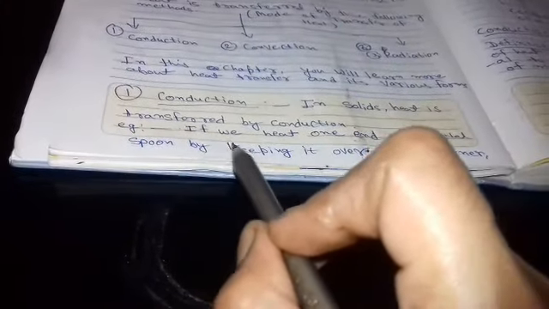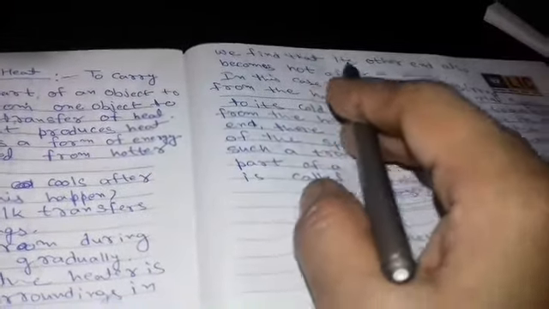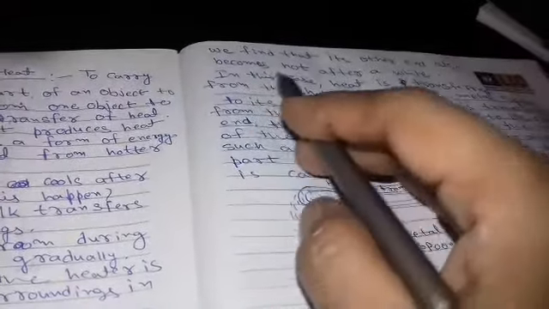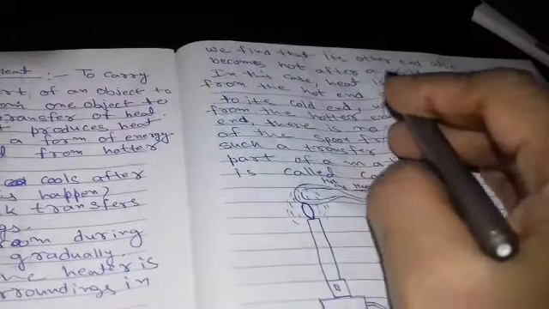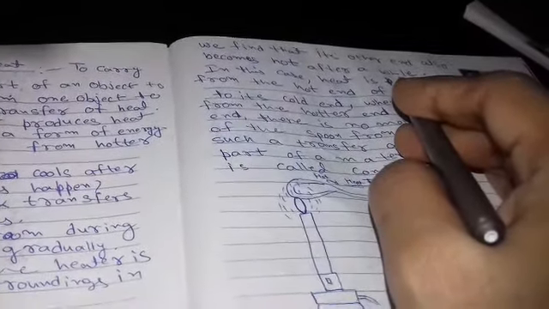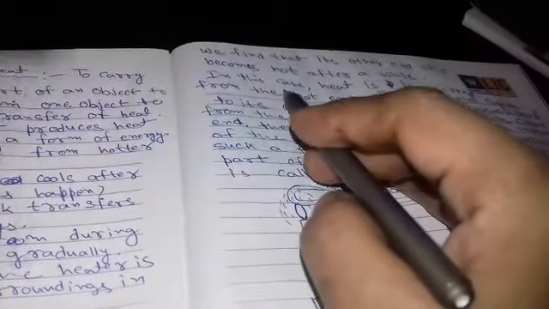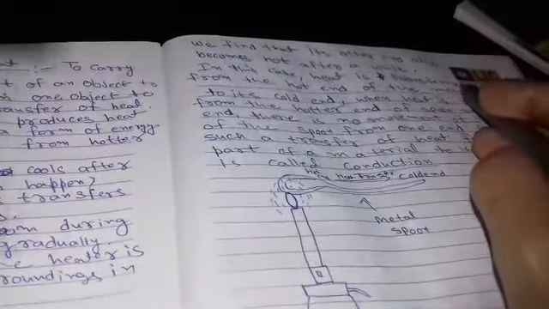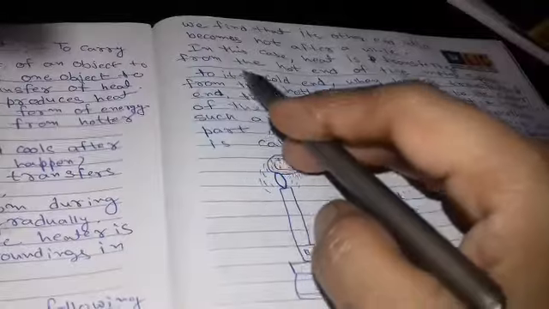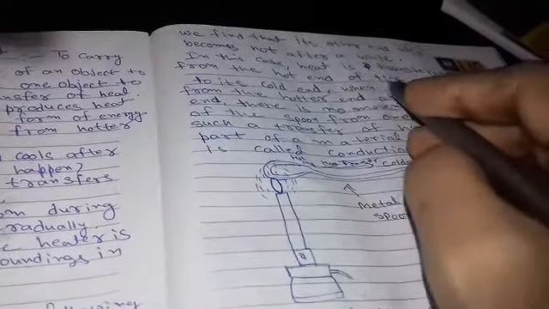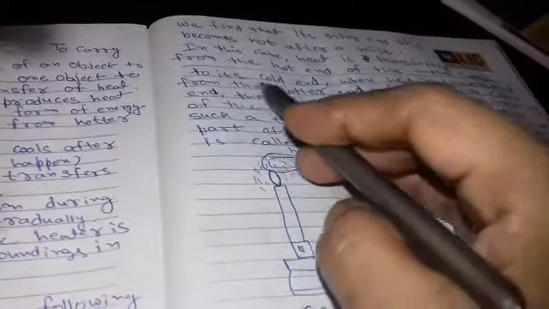If we heat one end of a metal spoon by keeping it over a gas burner, we find that its other end also becomes hot after a while. Clear? In this case, heat is transferred from the hot end of the metal spoon to its cold end.